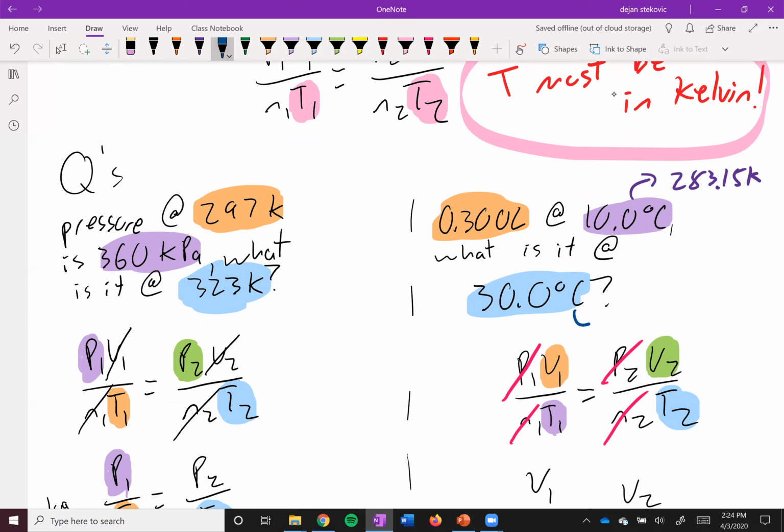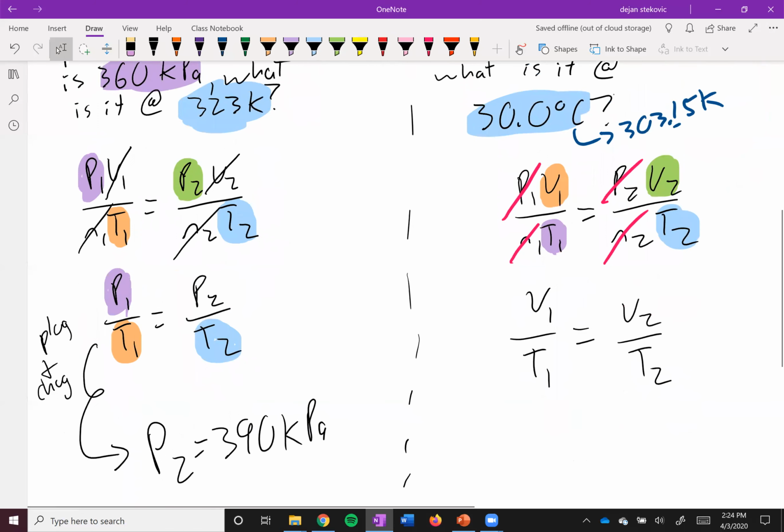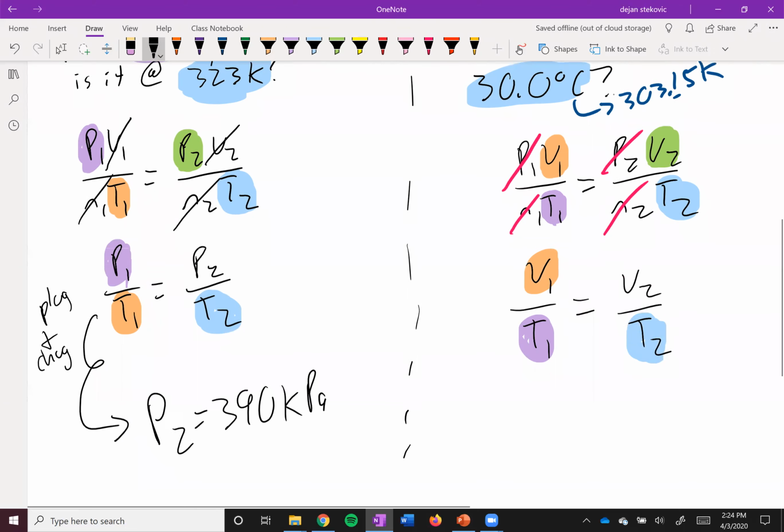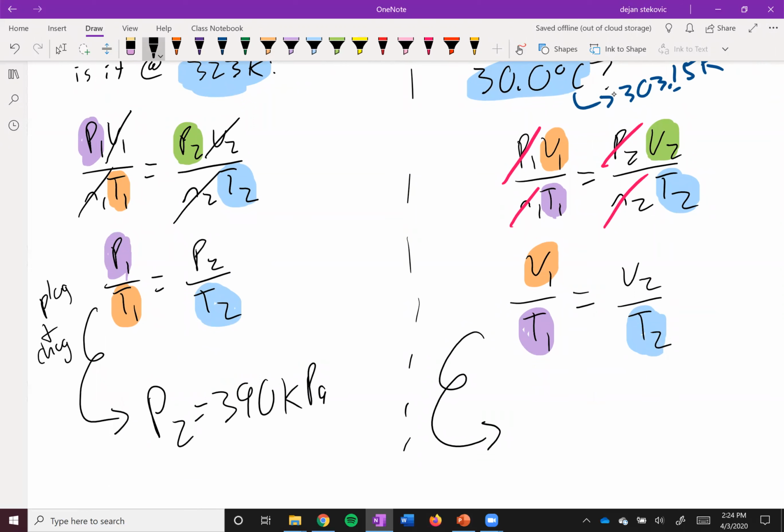And then this one here will be 303.15 Kelvin. So now we can plug and chug those in there. Remember, what we want to solve here is for V2. And take a look at your units. Everything will cancel out nicely to be left with volume. So your V2 at the end is 0.321 liters.